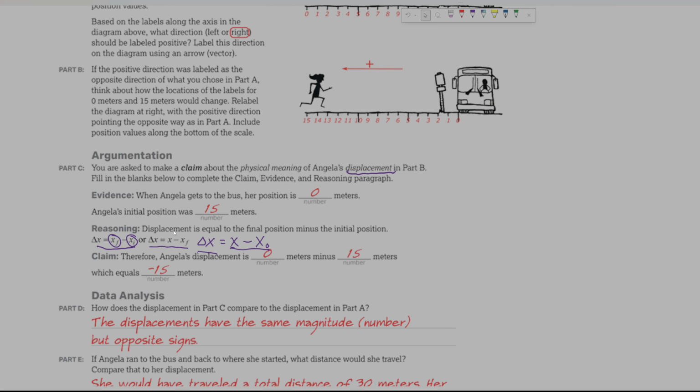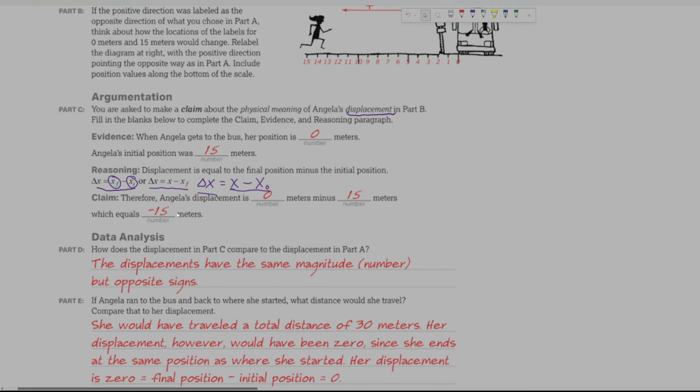The claim, therefore, Angela's displacement is 0 meters minus 15 meters. 0 is where she is when she gets to the bus door, minus the 15 meters, and that equals negative 15 meters. So her displacement is actually a negative 15 meters. All right, notice we have the magnitude, the 15, and the units.